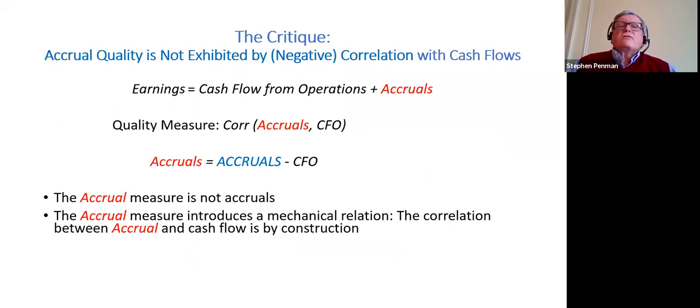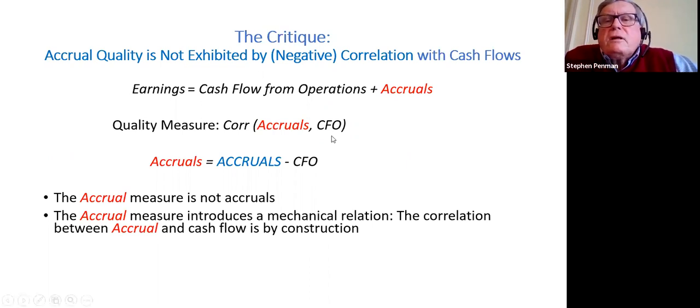The critique here is that accrual quality is not exhibited by the negative correlation between accruals and cash flows. The quality measure in the literature is a correlation between cash flows from operations and accruals, okay? But accruals are the difference between earnings and cash flows from operations. So this quality measure is generated by the amount of cash flows you get. The change in accounts receivable is determined by the amount of cash they paid off each period.